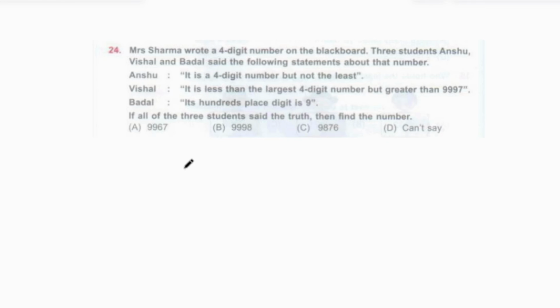Now, we know that the largest 4-digit number is 9, 9, 9 and 9, which is 9,999. And what did Vishal say? That it is less than the largest number. So, the number has to be smaller than 9,999, right?